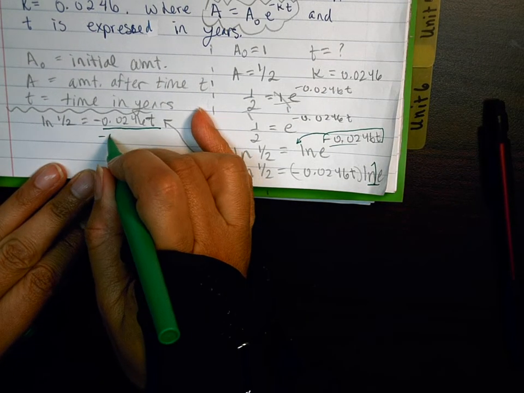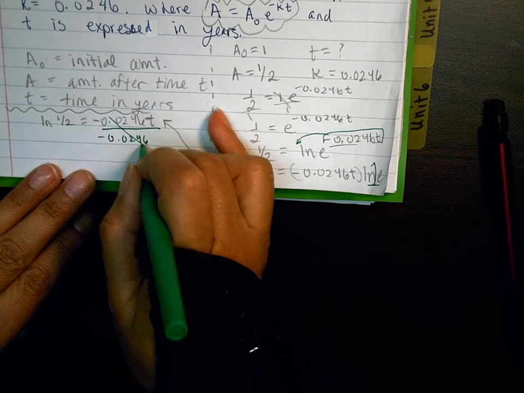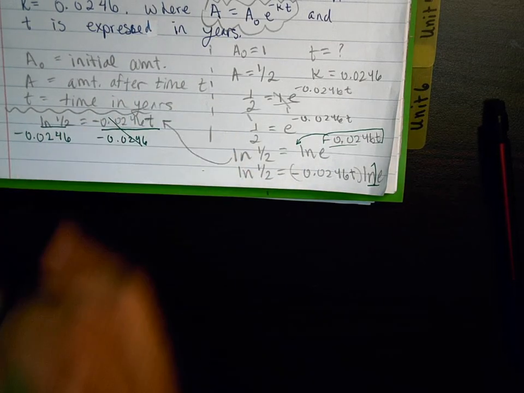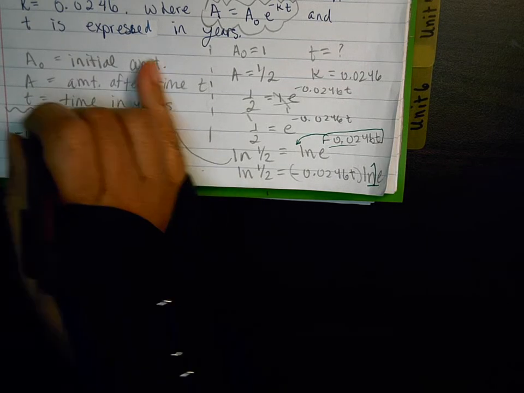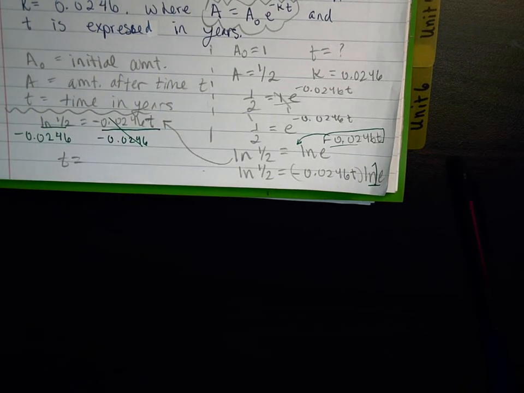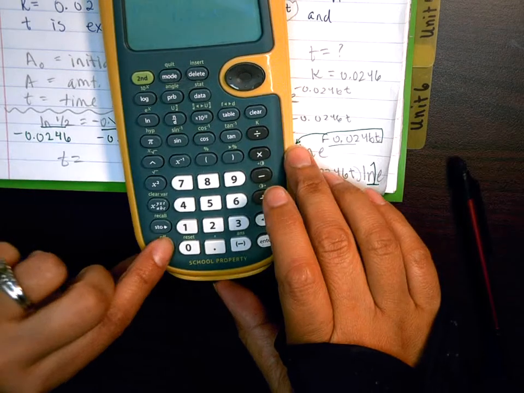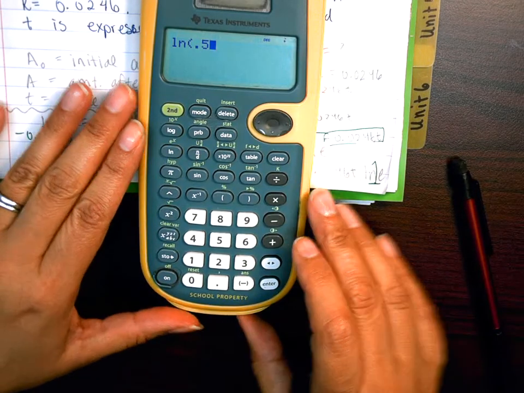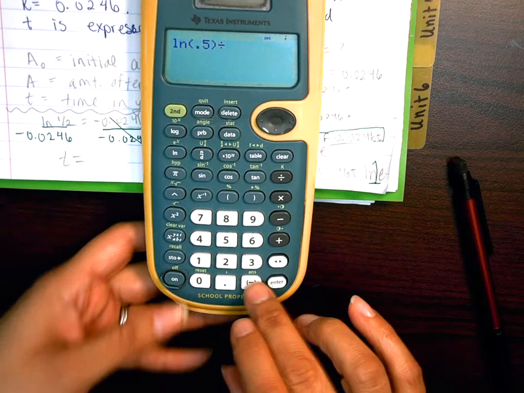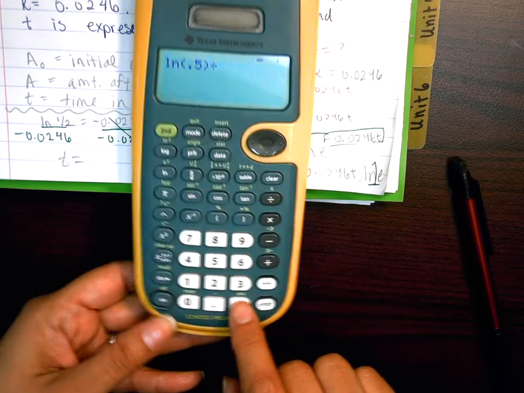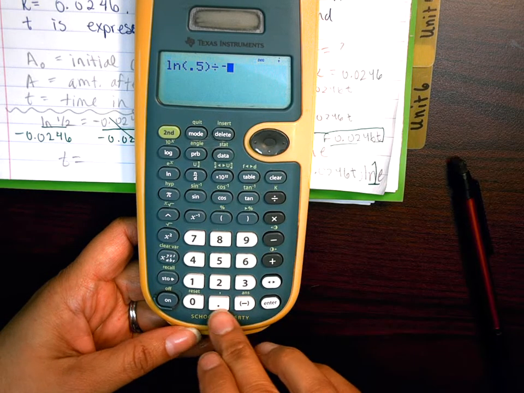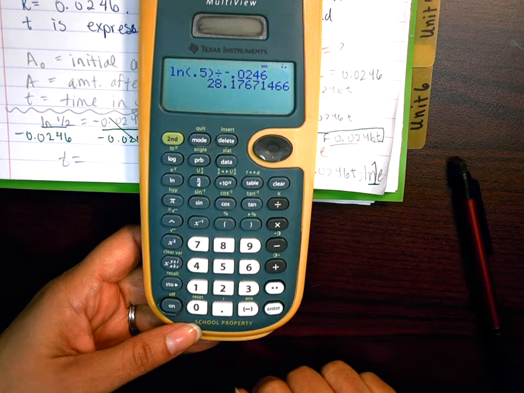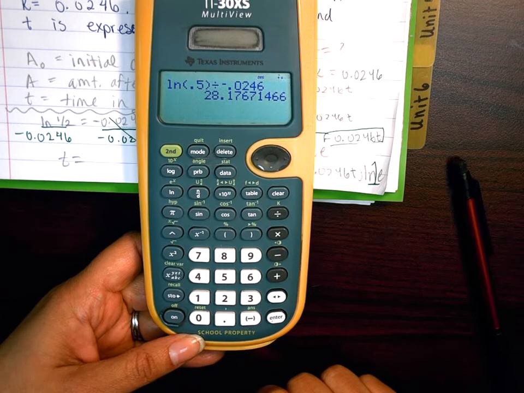Negative 0.0246 gone. Negative 0.0246, and this right here is what I'm going to plug in my calculator. ln of 1/2, I'm just going to type it in as 0.5, ln of 0.5, close parentheses, just like we did before, divided by, don't forget your negative key is down here, don't use your minus key, negative 0.0246. 28.177 years.